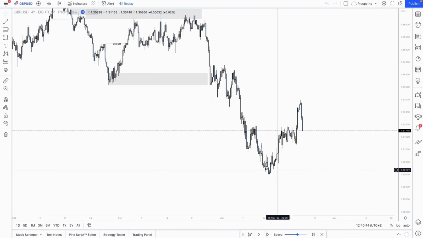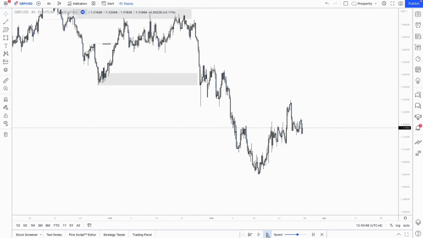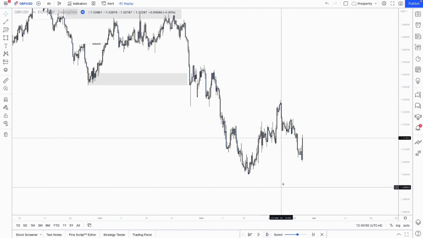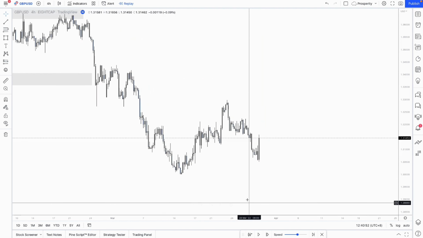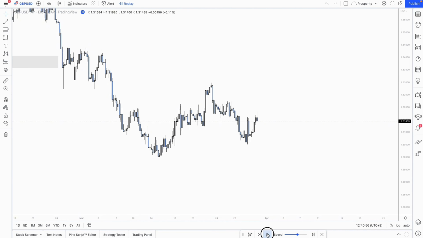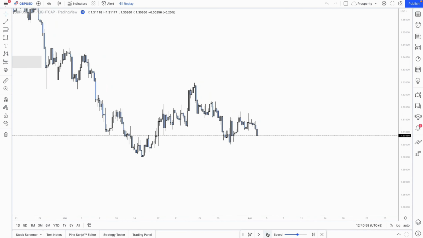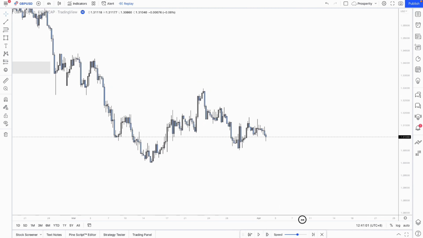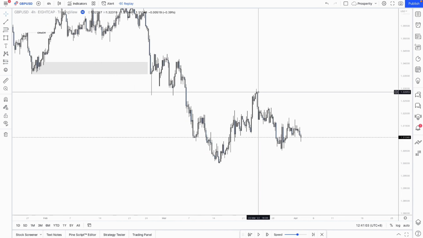Price changes character, but as you can see, the order flow is bearish. It's not the actual changing of character that has the importance, right? The relevance behind it is the order flow. So we know that we're bearish.